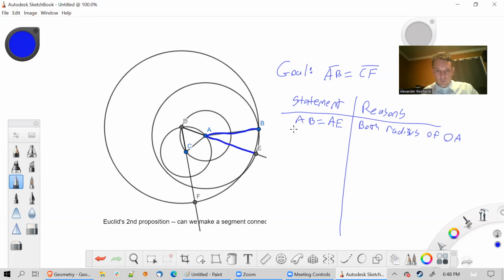Okay. What else do we know to be true? Well, we constructed this equilateral triangle. So we know that AD and AC and CA are all the same. But for the purposes of this, let's just say that this triangle ADC is equilateral.